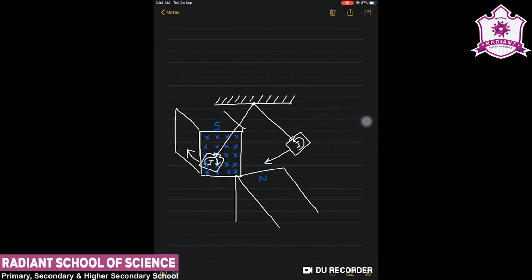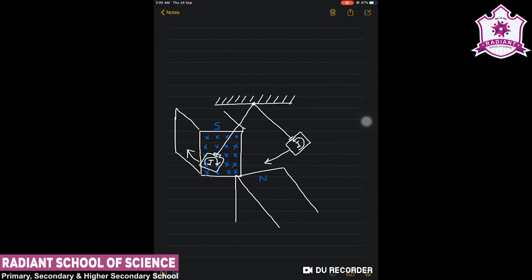So the current will flow in the clockwise direction when the plate moves away or goes out, and the anti-clockwise current will flow in the plate when it enters the region of the strong magnetic field.